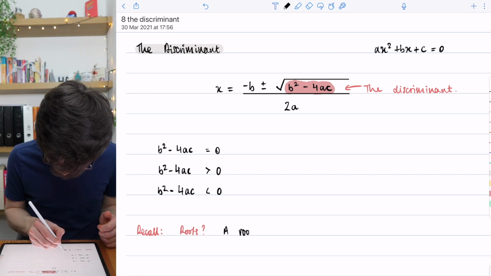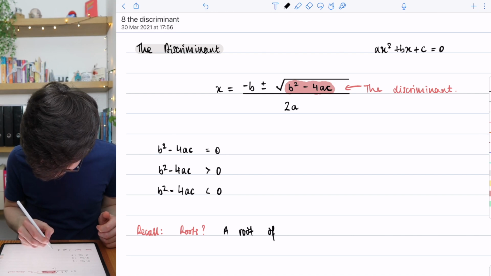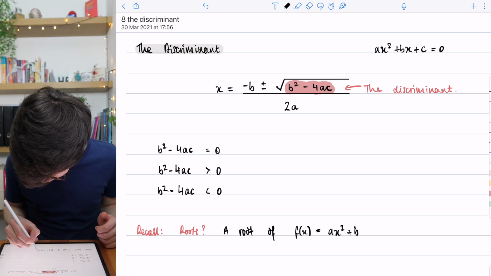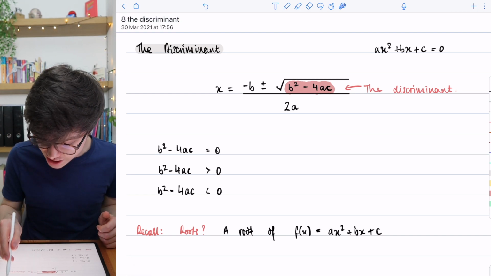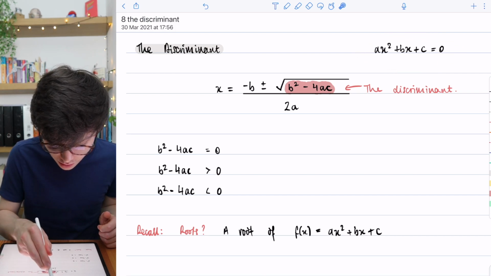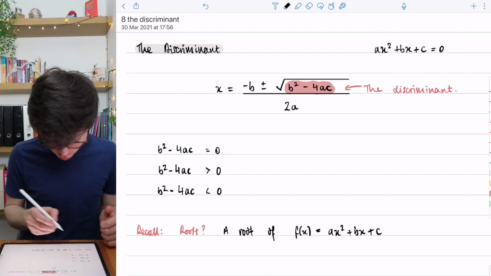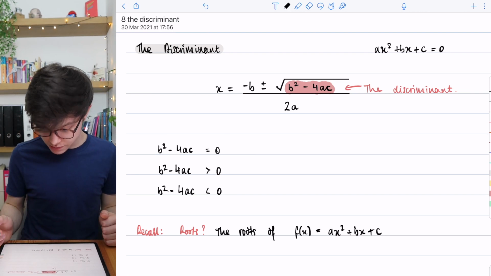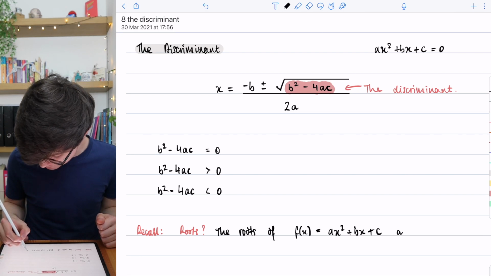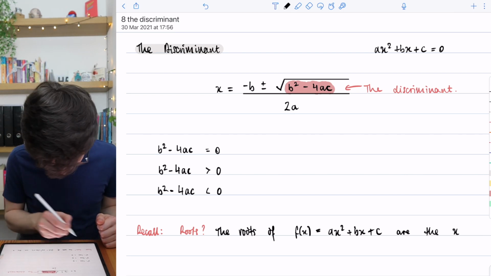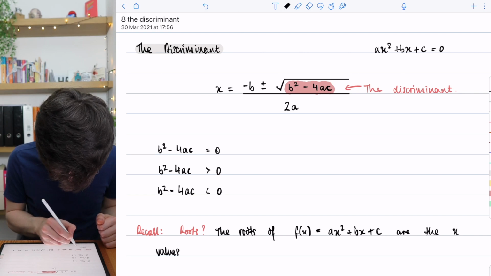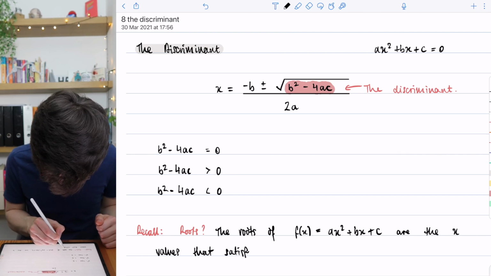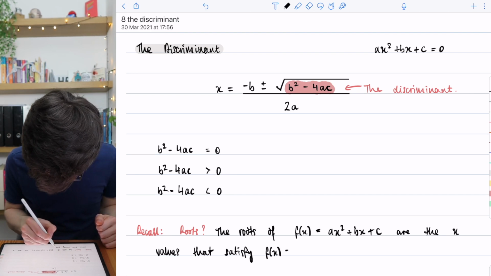The roots of f of x equals ax squared plus bx plus c, the general form of a quadratic, and I should say roots because there's always going to be 2, are the x values that satisfy f of x equals 0.